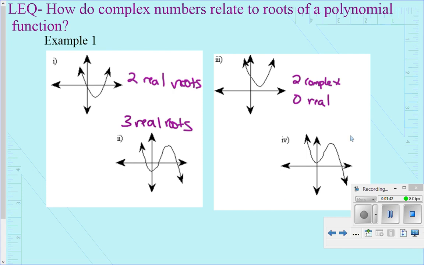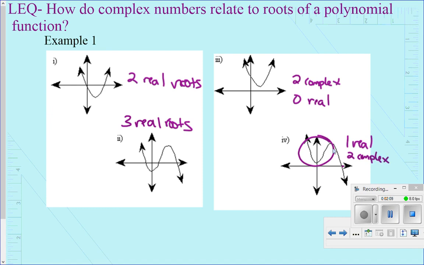So if I apply that same thinking to this one, this cubic polynomial, I know there's 1 real because I can see right there that it's crossing the x-axis, but there's still 3 total roots. It's just that this U shape that's not touching or crossing the x-axis, that accounts for the 2 complex roots.